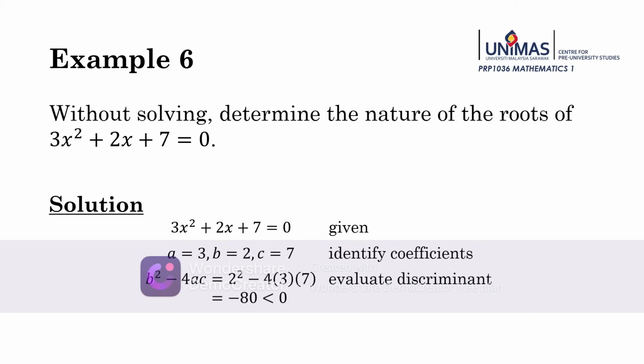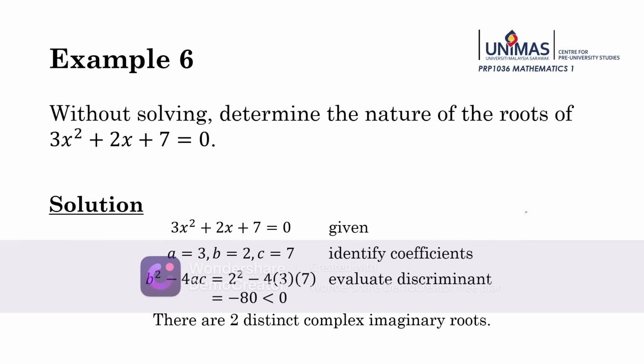And we will get either positive, equal to 0, or less than 0. So for this example, we get less than 0. Then we have two distinct complex imaginary roots.